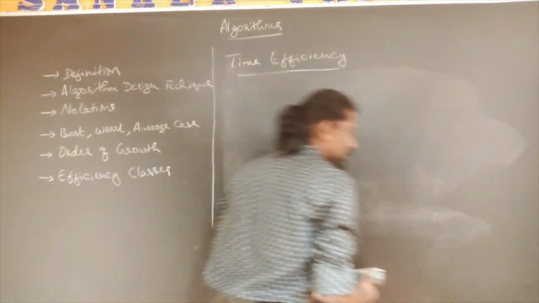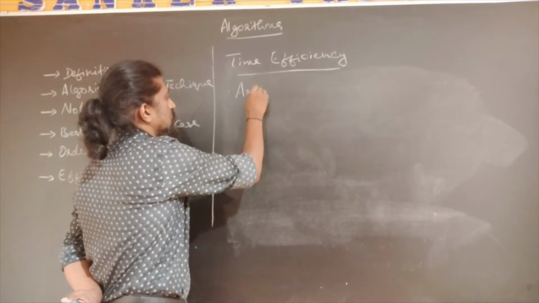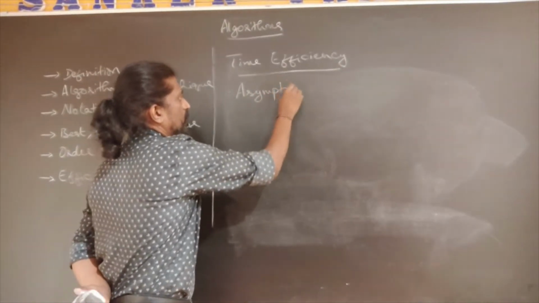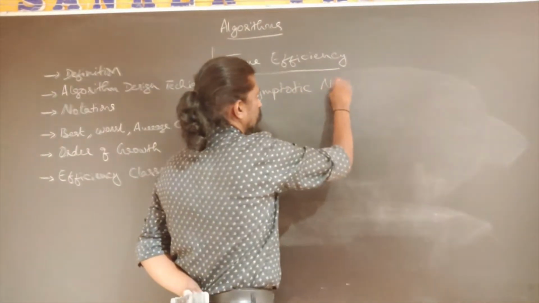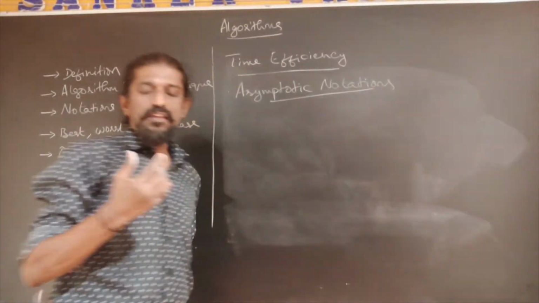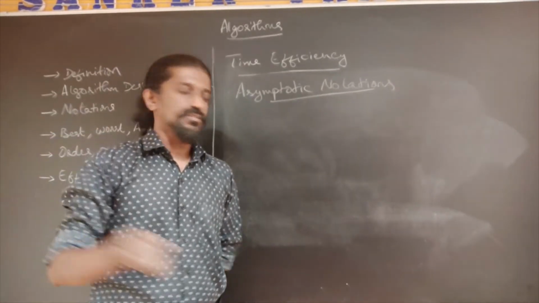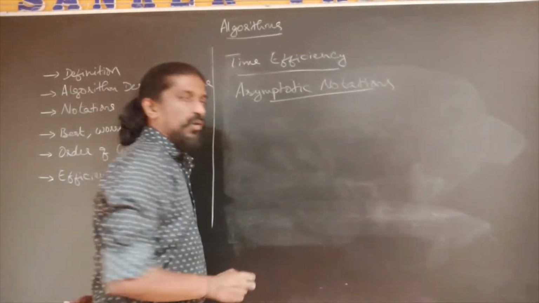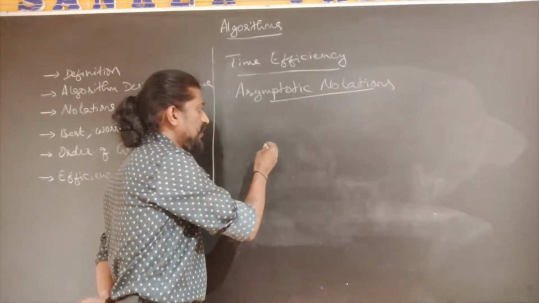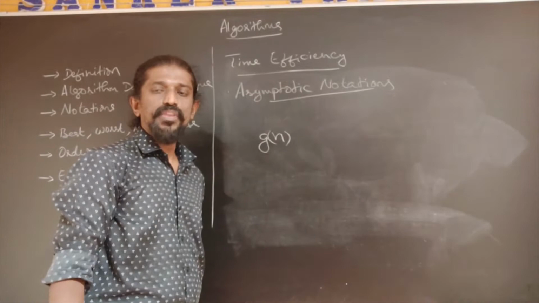Now, with respect to algorithms, we have something called asymptotic notations, which are used to compare the efficiency of the algorithm that we have designed with some standard functions. The graph that we plotted, there are certain standard functions which we represent by g of n.